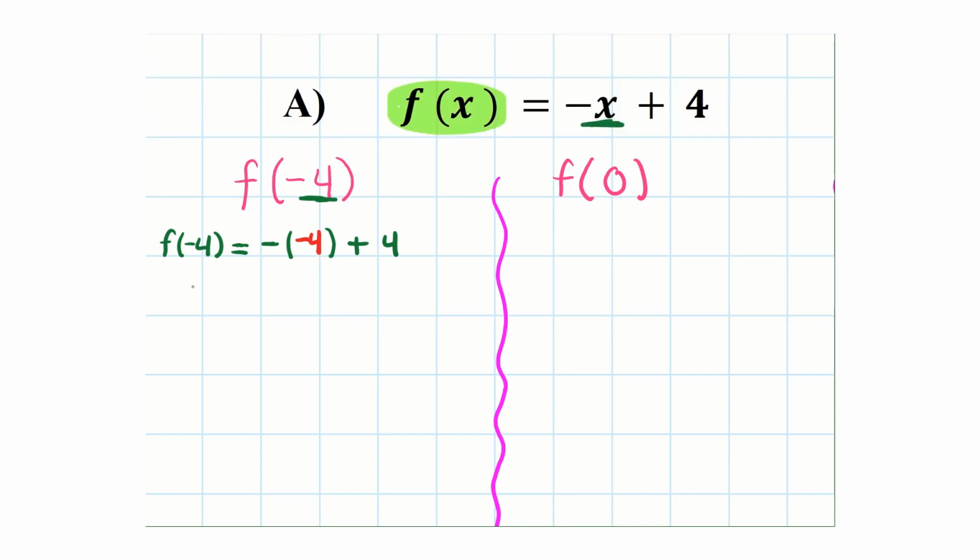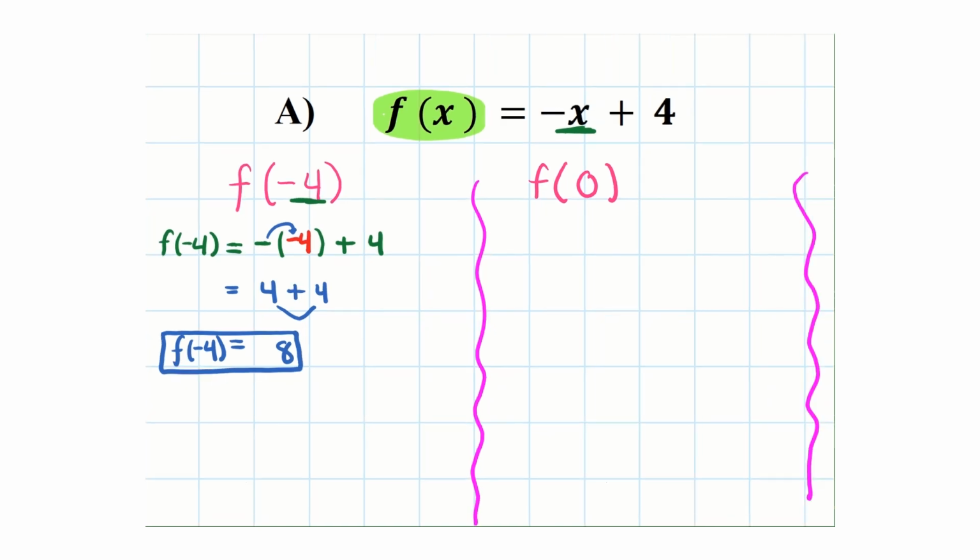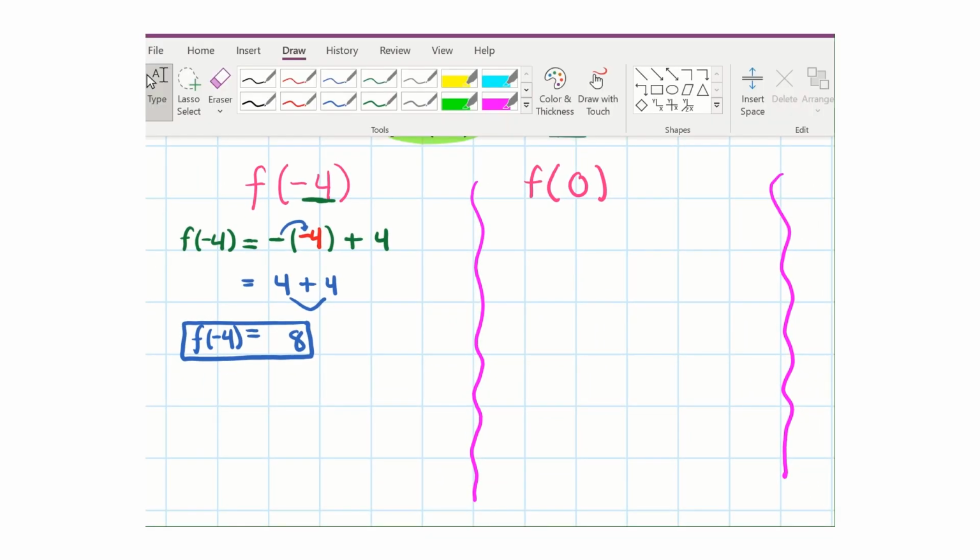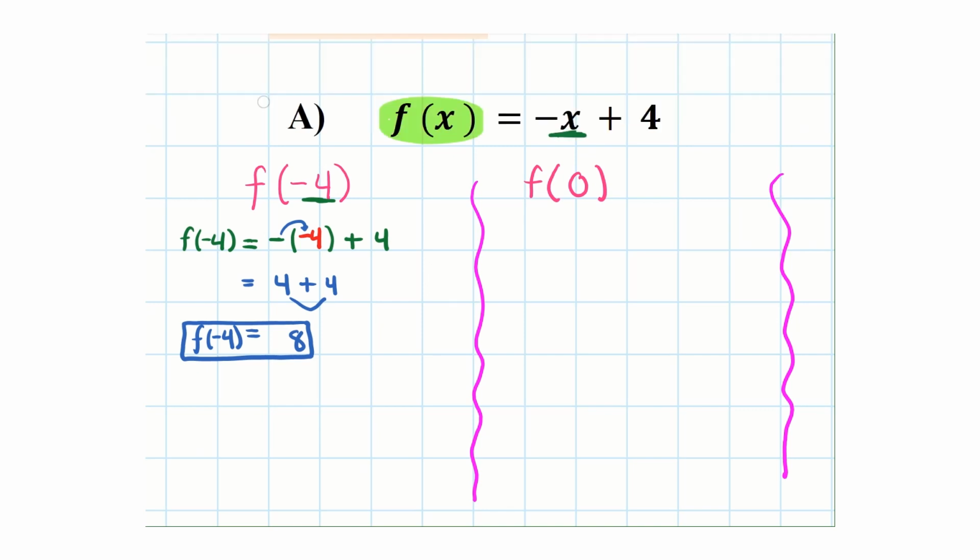Whatever I replace, I want you to put it inside of parentheses. We're going to distribute that negative to the inside of the parentheses. Since we have a double negative, it's going to become a +4. Then we simply simplify. So f of -4 equals 8. Whenever -4 goes into our rule, an 8 comes out.